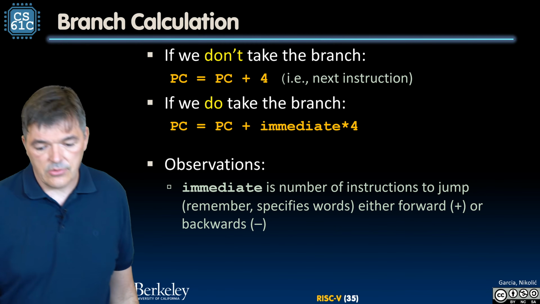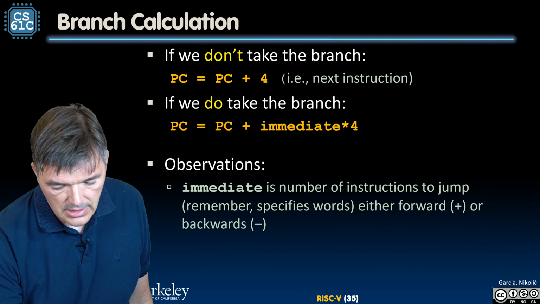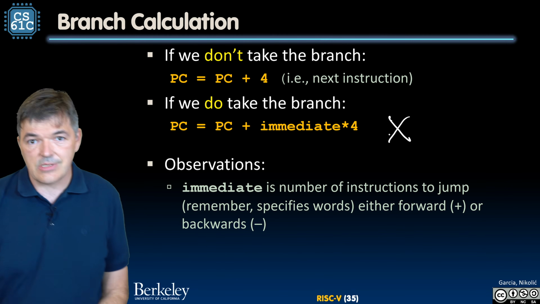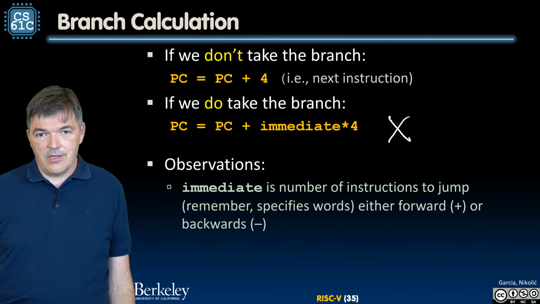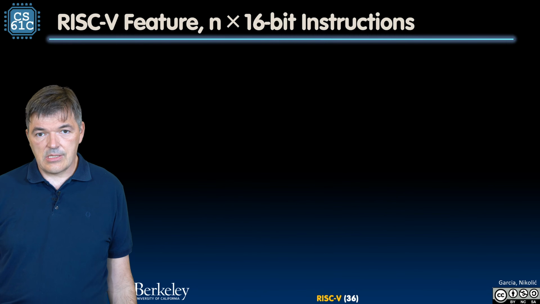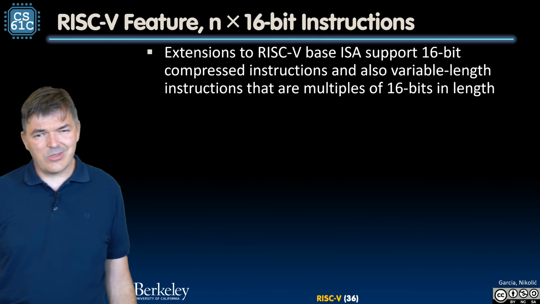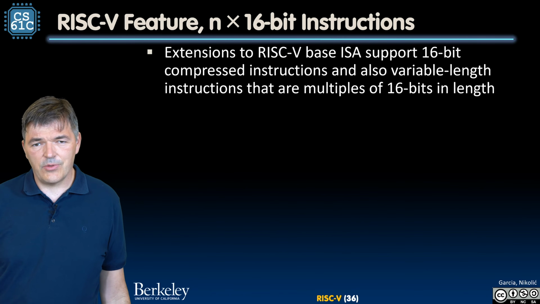But this is not really how we do it in RISC-V. Keep in mind, this is not true. There is a quirk, and that quirk is in a feature of the ISA that supports the so-called compressed instruction set. So what is that? We haven't talked about that before.